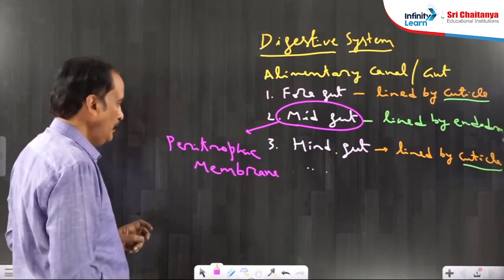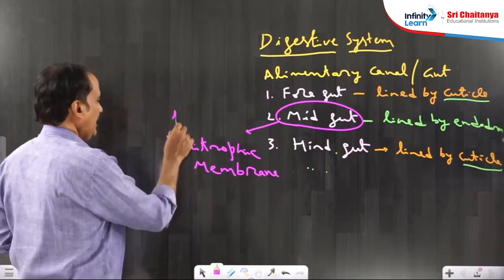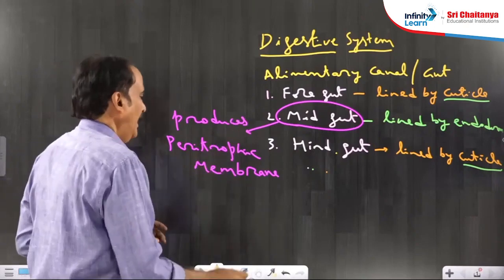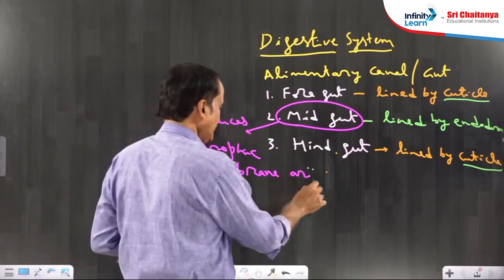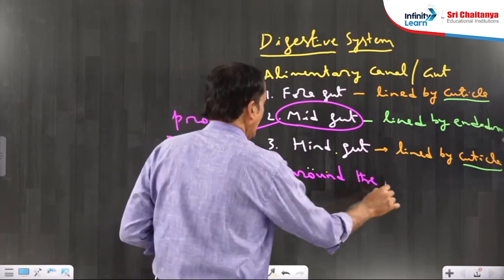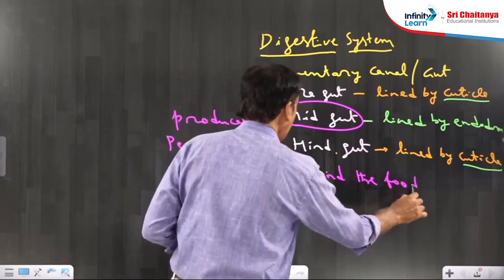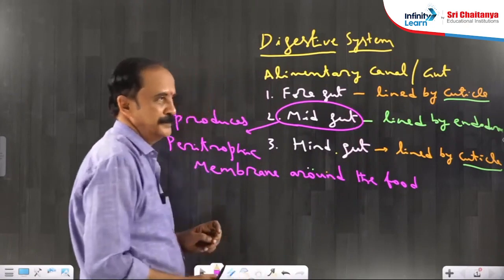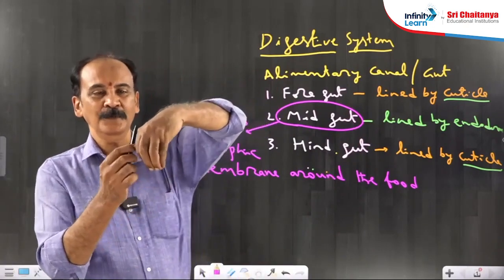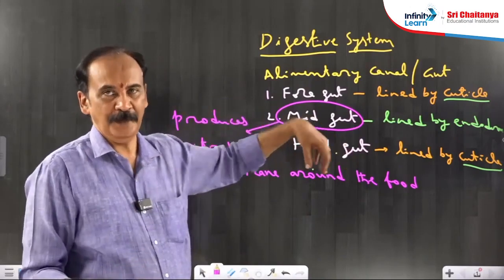The midgut produces the peritrophic membrane around the food material. As soon as the food material comes from foregut to midgut, it is surrounded all around by a membrane called the peritrophic membrane.